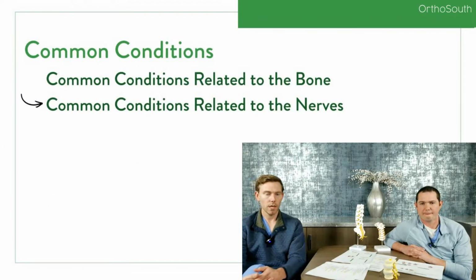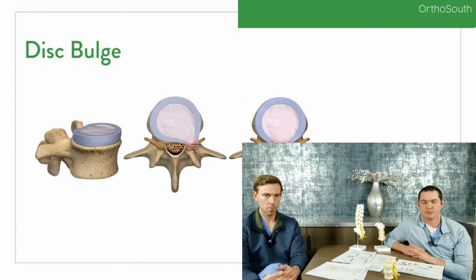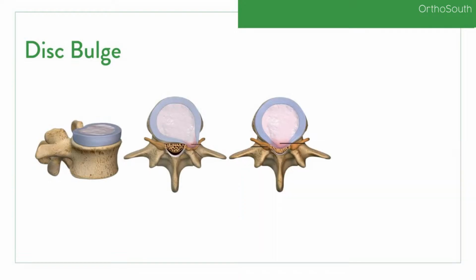Okay, so here are some additional conditions related to the nerves. And this is one that comes up a lot too. I get a lot of people in the office that will ask the difference, because you hear all these terms and it's very confusing. It's confusing even for people who are trained medically, who might not deal with this all day, every day.